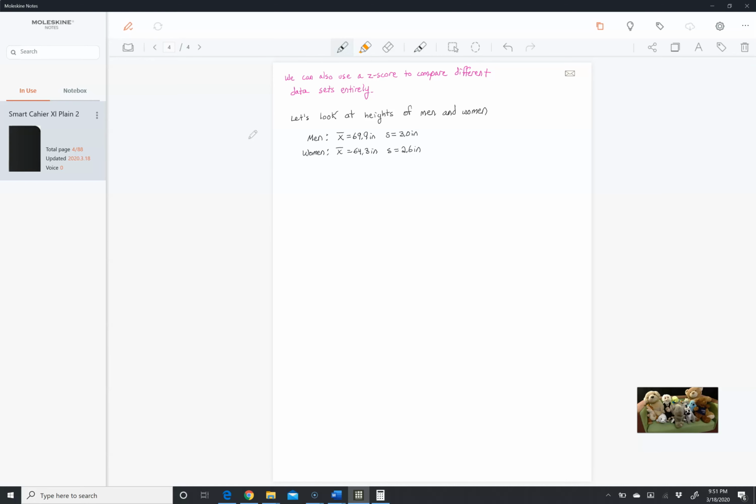So we're going to look at the z-score for a person who is 6 feet tall. So notice that our mean and standard deviation are in inches, so we're going to convert this to inches. So 6 feet is equal to 72 inches.